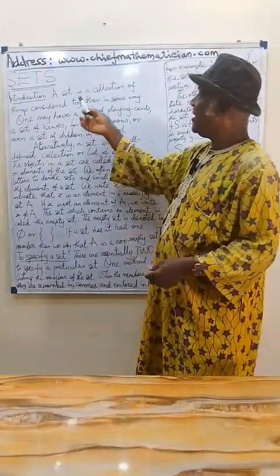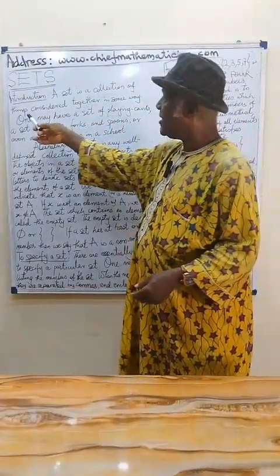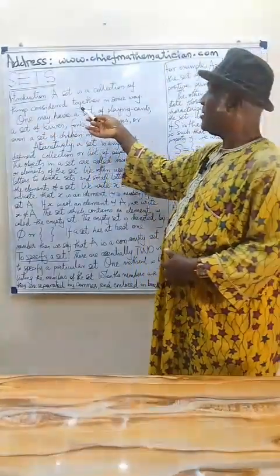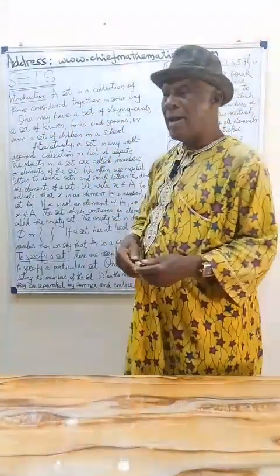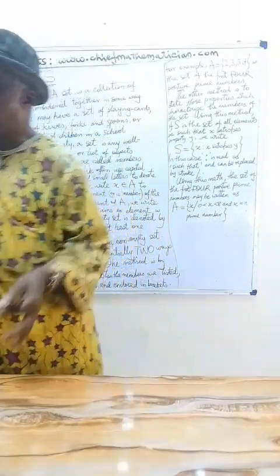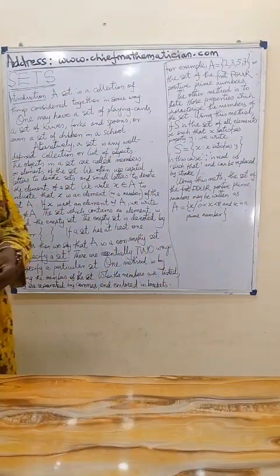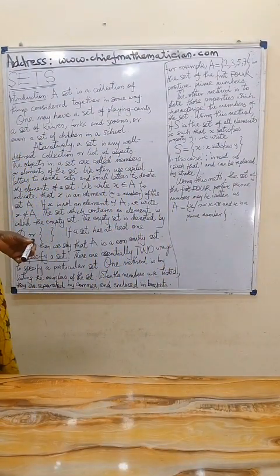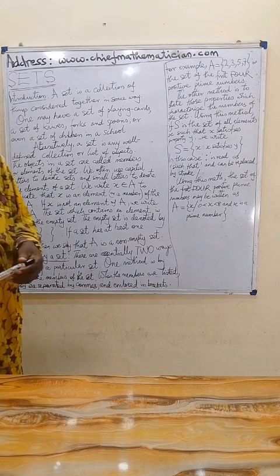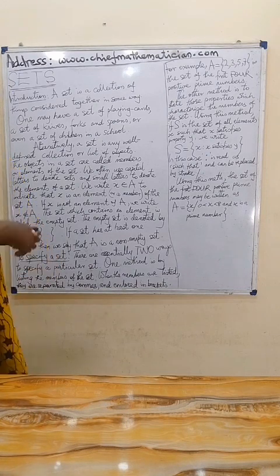A set is a collection of things considered together in some way.